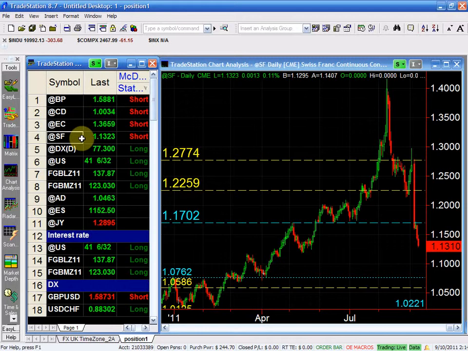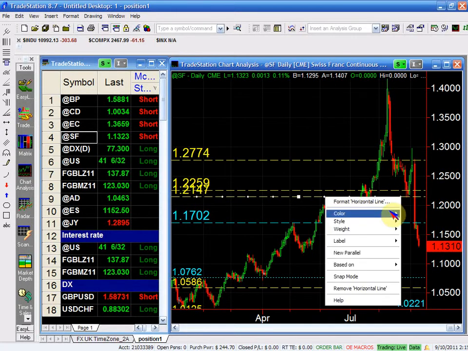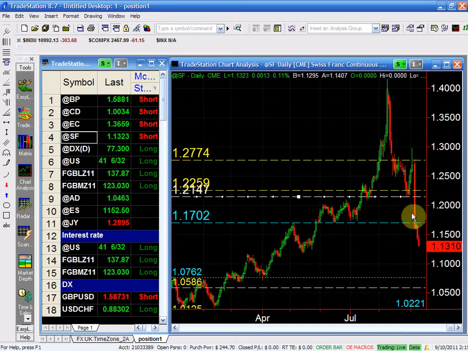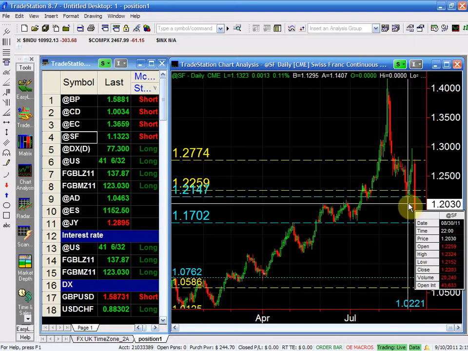So if you look here at the Swiss franc, you'd see that right there we do have now a trend change on the dollar, on the Swiss, right at 121.14.